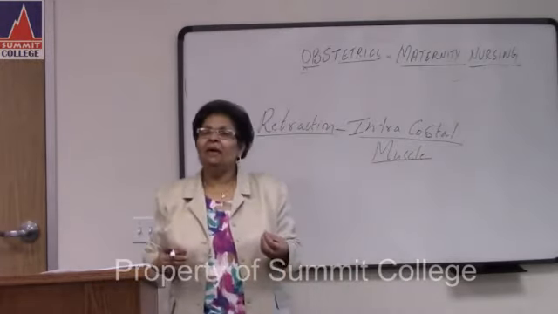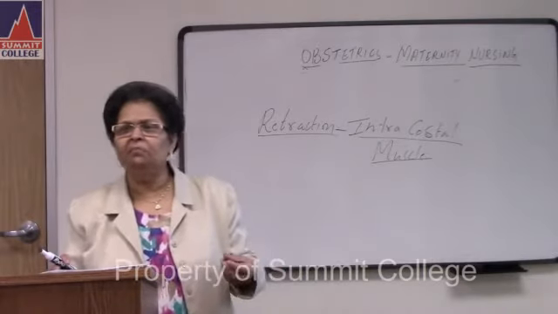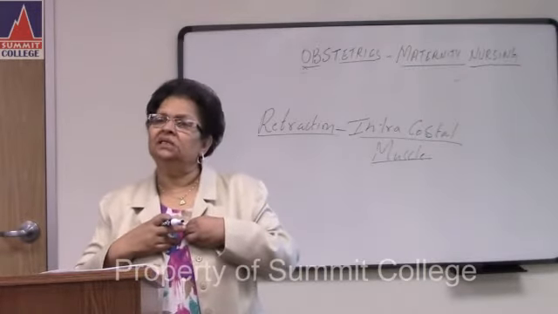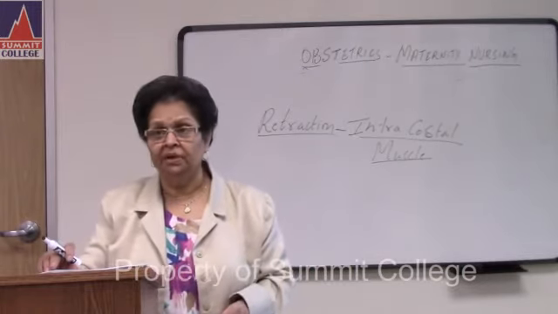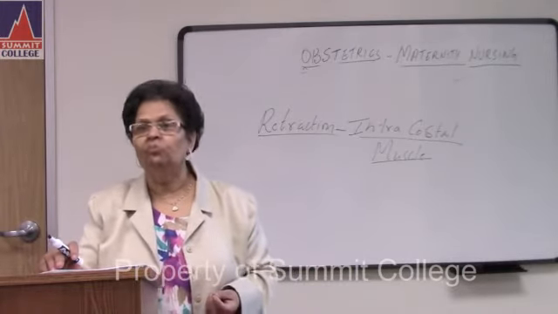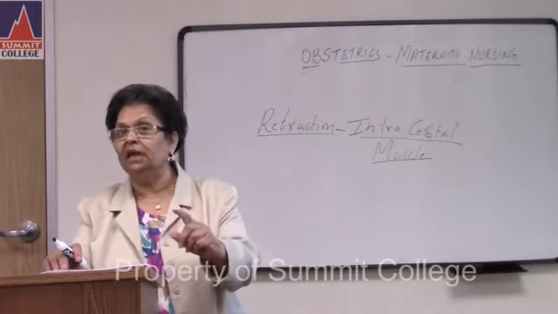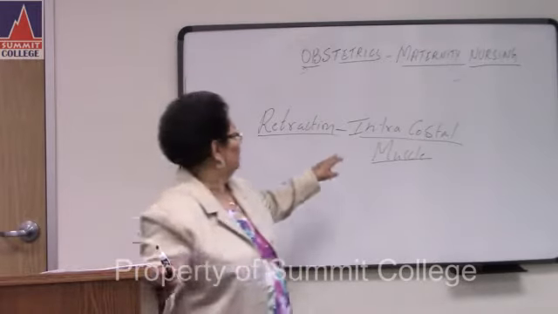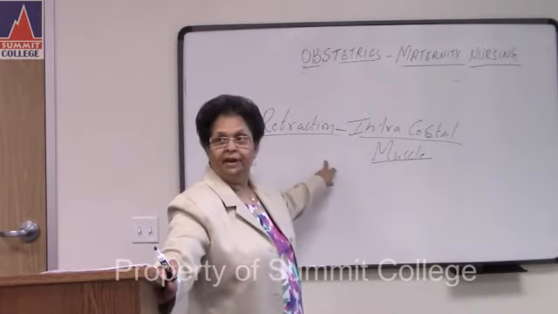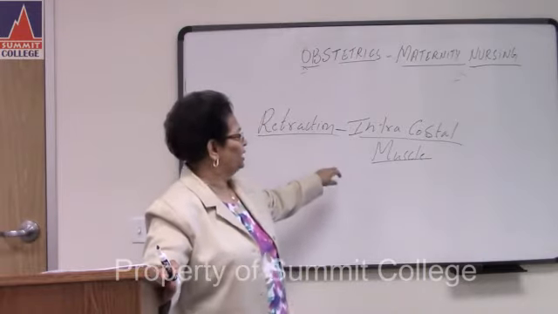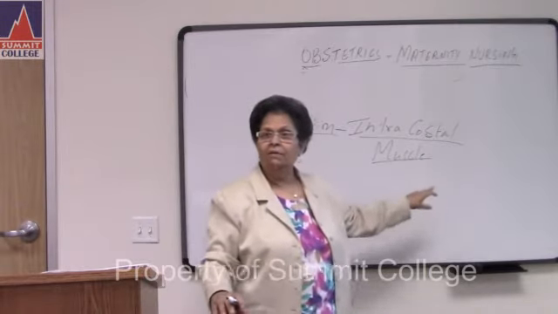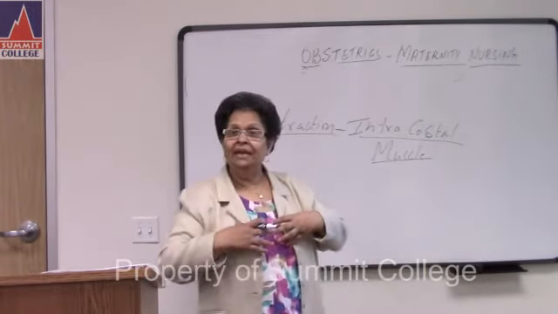So when you see a baby, anybody with a breathing problem, using the chest muscles, that means they cannot breathe, and they are struggling to breathe. One of the bad signs of respiratory distress is retraction. What is retraction? The intercostal muscles are going in.